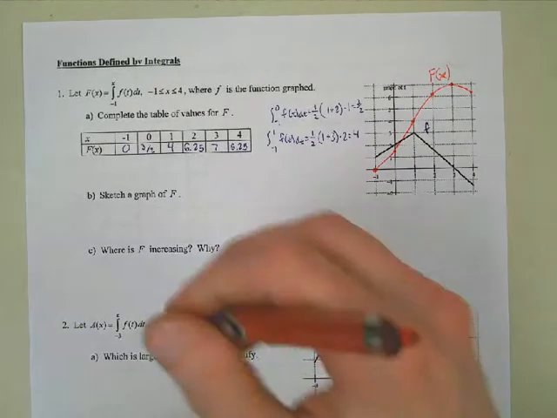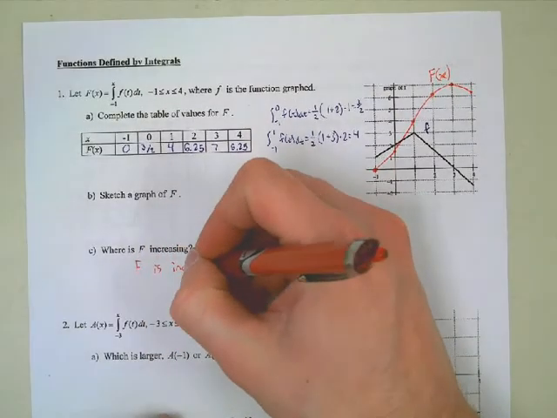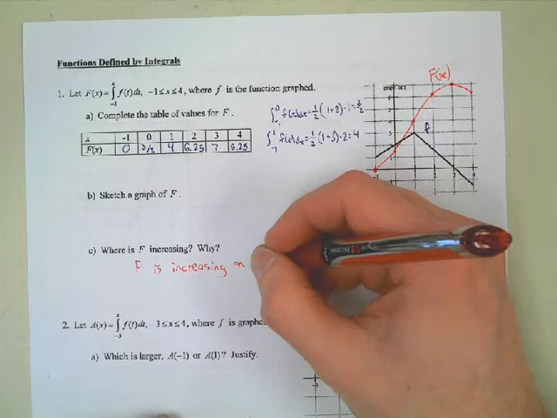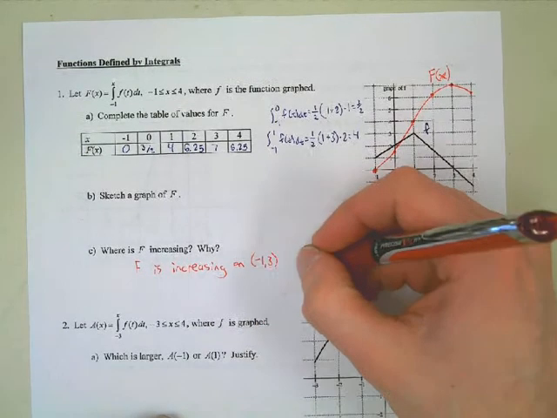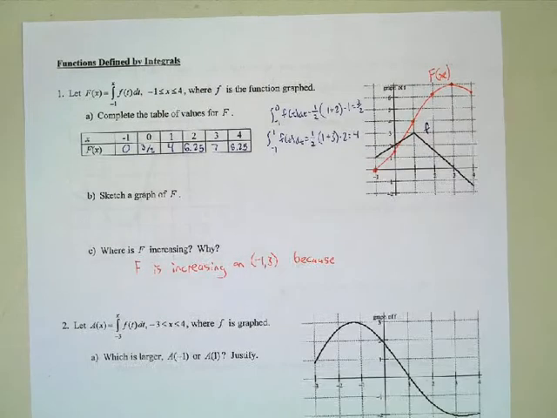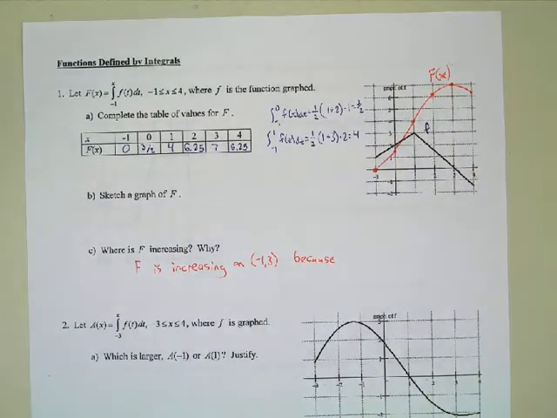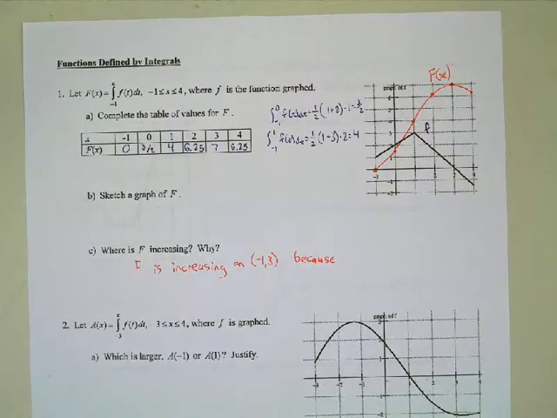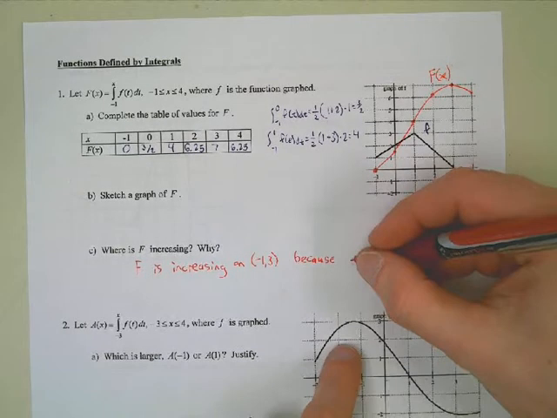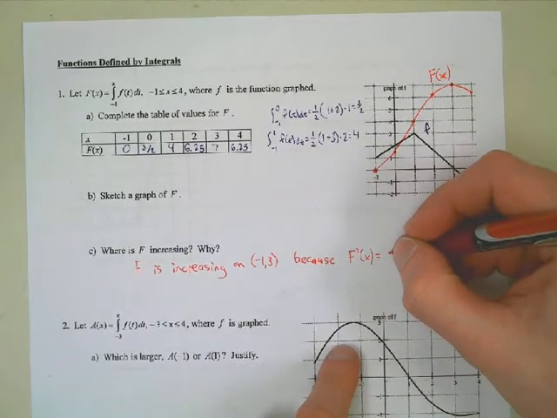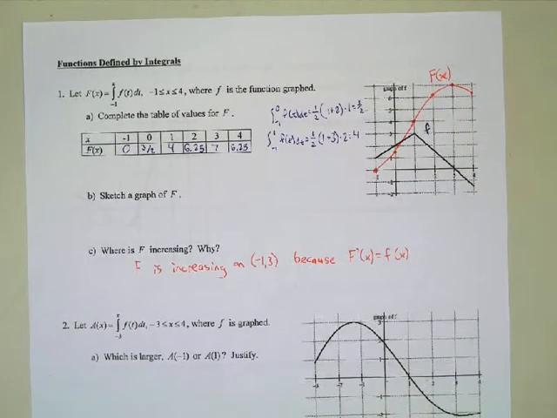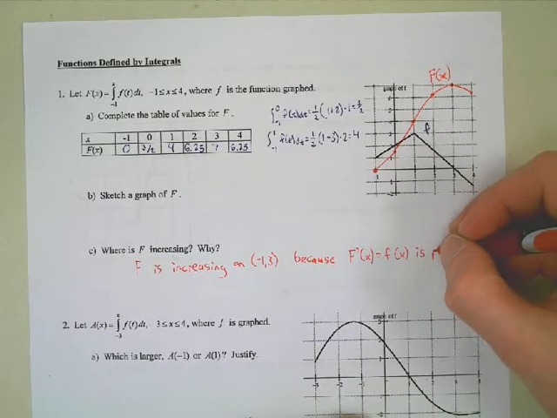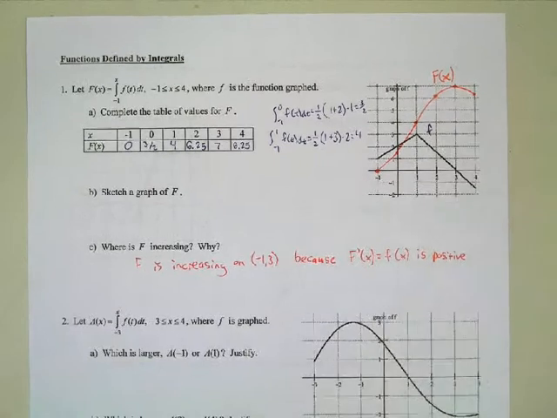Capital F is increasing on the interval -1 to 3, because capital F prime of x equal to f of x is positive on that interval.